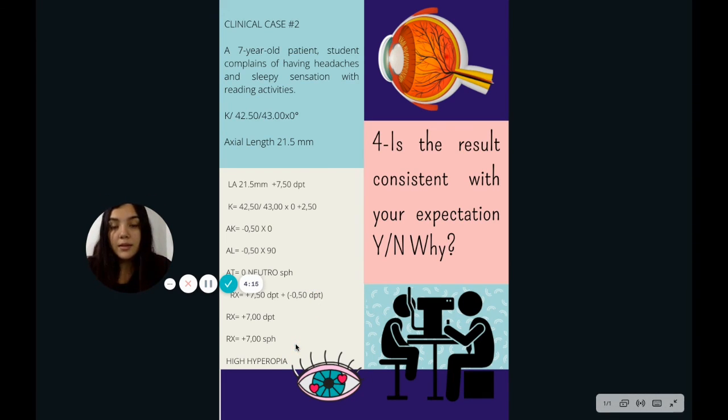But we realized, thanks to keratometry, that the curvature of the cornea was so curved that it became a hyperopia.